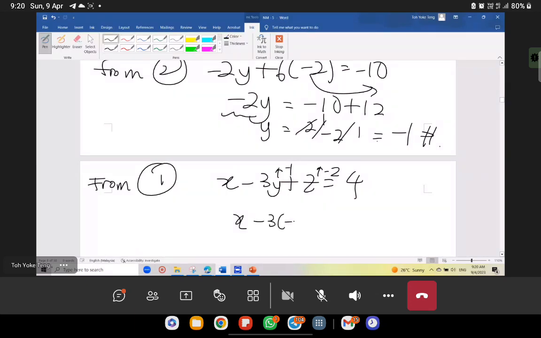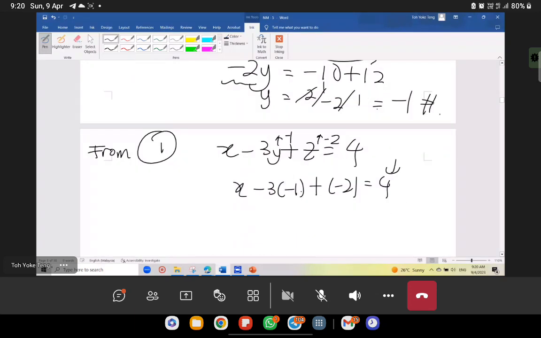So x minus 3 times negative 1 plus negative 2. Again, no need to show me these calculations; if you are able to get it directly, x equals 3. For this part, negative times negative is positive 3, minus 2 equals 1. So 1 moves to the right-hand side as 4 minus 1, which equals 3.